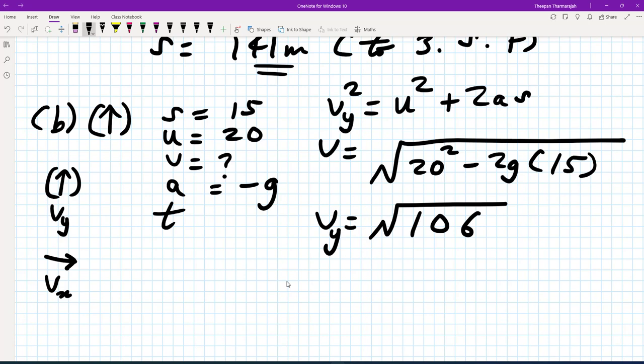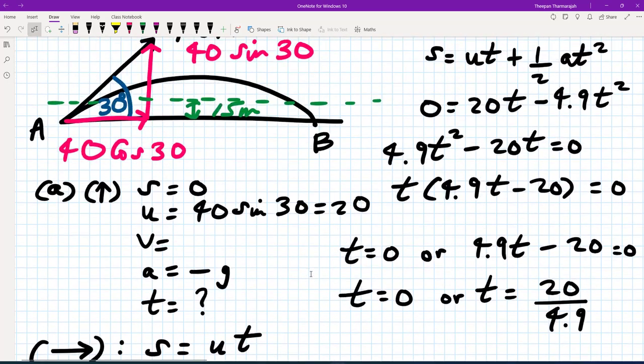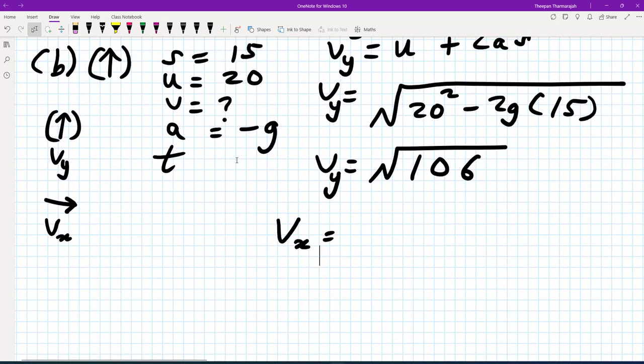All of this is referring to Vy, the velocity in the vertical sense. What's the velocity in the horizontal sense? Well, if we go back to our diagram, we know what that is. That's 40 cos 30. So I'm going to write Vx as 40 cos 30.